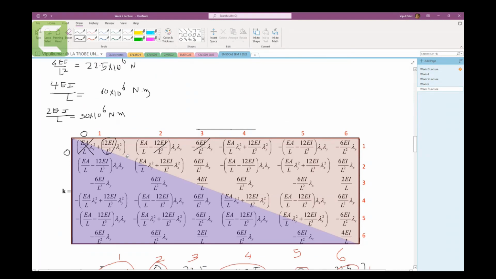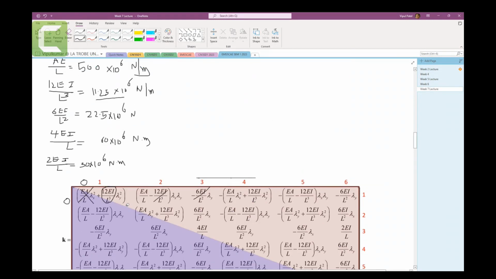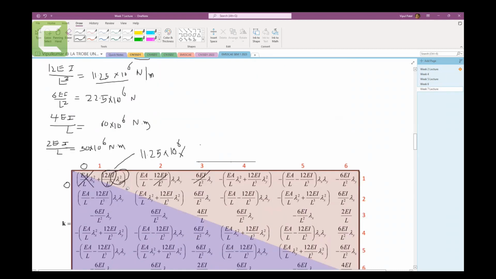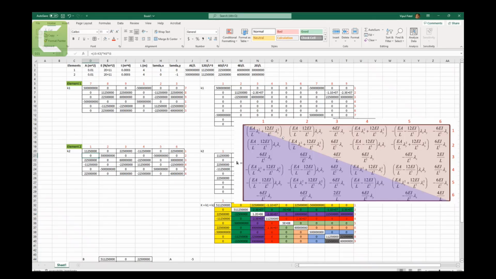Then 12 EI on L cubed, what we calculated, is 11.25 times 10 to the power 6. Then lambda Y is minus 1, so minus 1 squared gives me 11.25 times 10 to the power 6, positive.